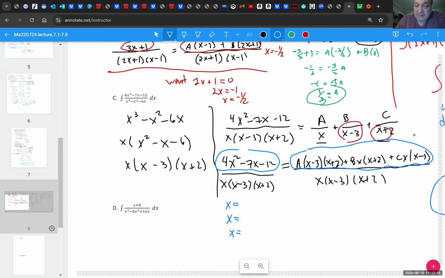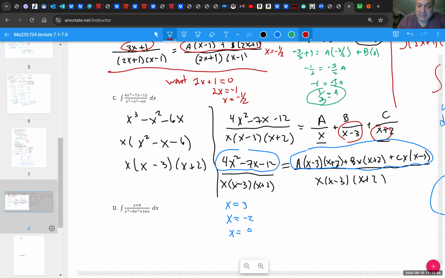All right, so I'm going to choose x equals 3, x equals negative 2, and x equals 0. Those 3 numbers are going to make several of the parentheses with the x's equal to 0, making my life easier to solve these things.